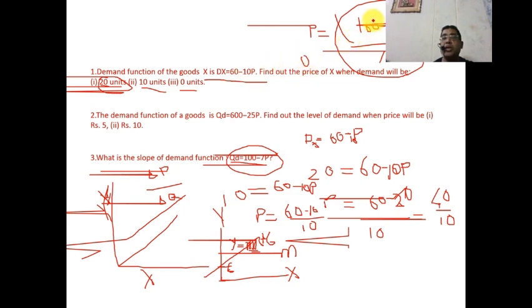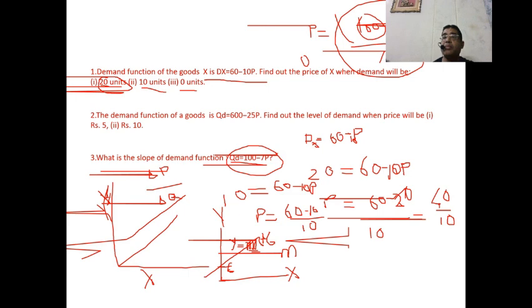So naturally the constant 100 becomes 0, minus Qd differentiated by itself gives the value 1. So it is minus 1 divided by 7.